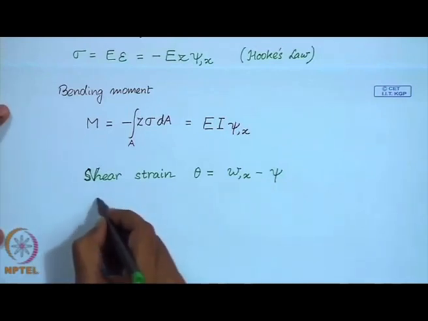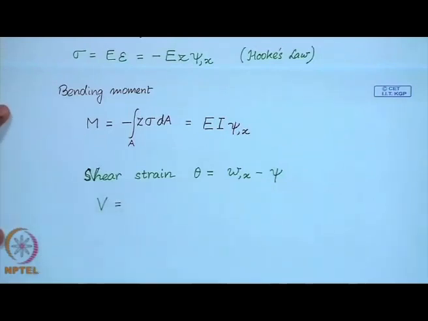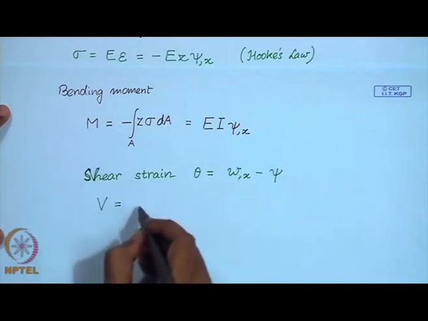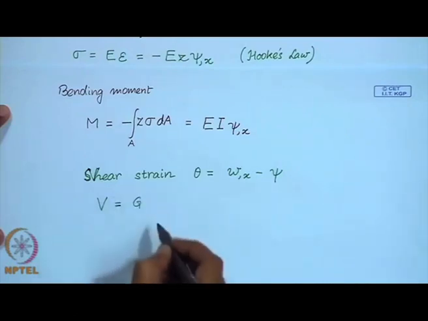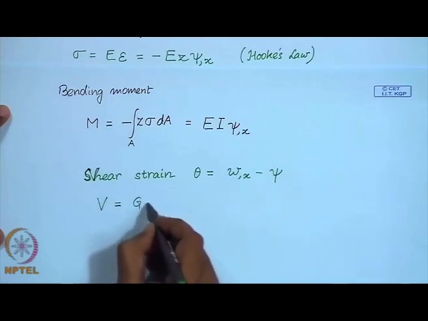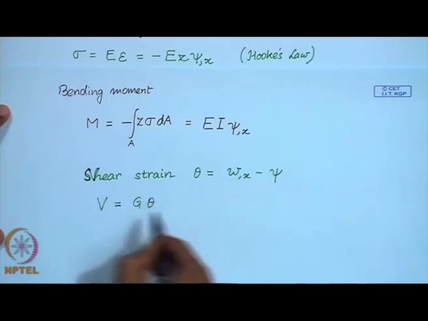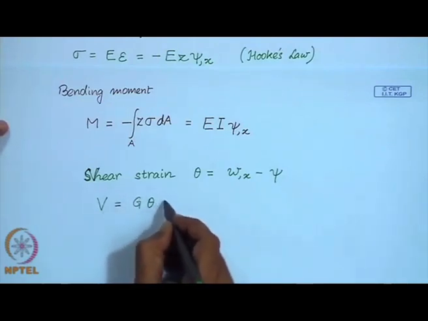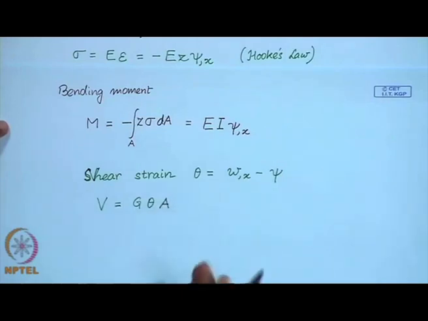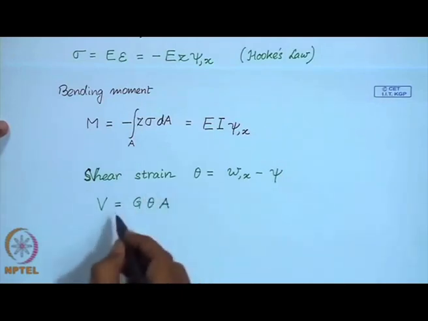Then I can write the shear stress acting on, so the shear stress is G times the shear strain, where this is the rigidity modulus times the area of the cross section, that is going to give us the total shear force.